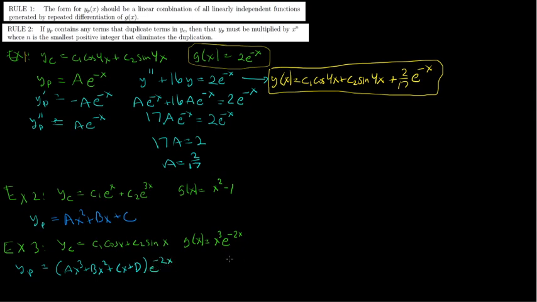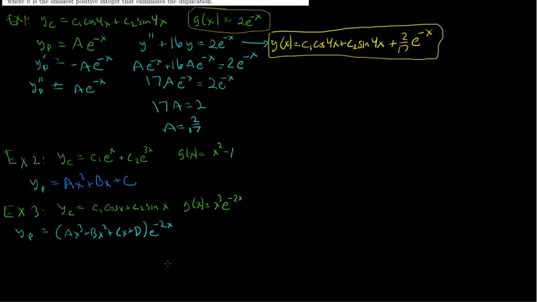Okay, so that should be my particular solution, or at least the form of it, right? We're not going to solve for a, b, c, and d yet. We just want to figure out the form. So does that make sense, right? We'll try one more.